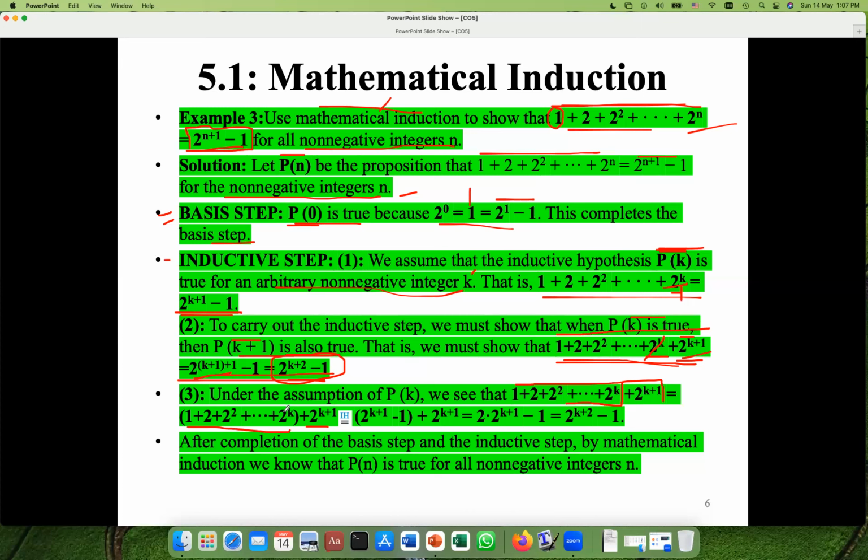Now, what is this one? 2k, 2k. What is this one? This is what you have here for k. This whole equation up to 2k is equal to 2k plus 1. So this is what I am putting here. So this 1 plus 2 and so on, 2k is equal to 2k plus 1 minus 1. And this is what the remaining. And then now simplify it.